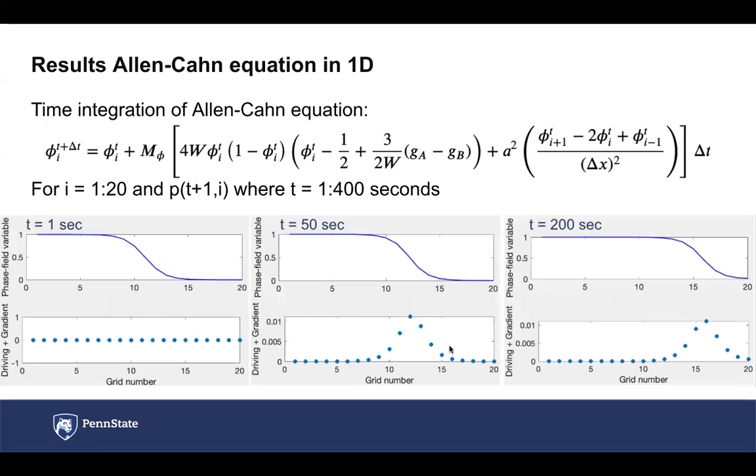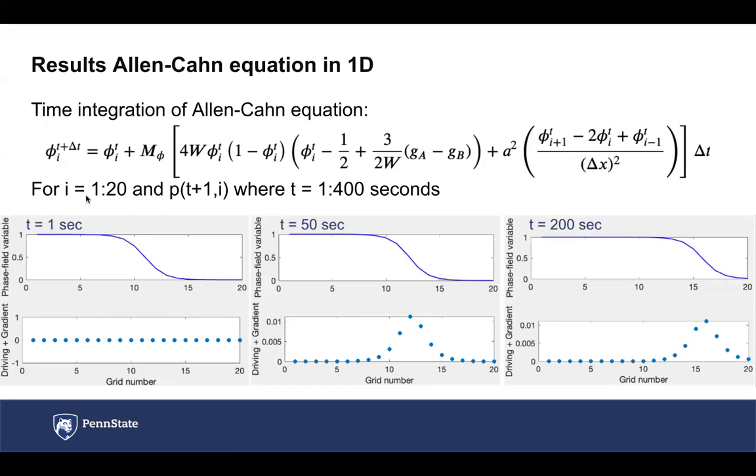And so the results from this, using our discretized Allen-Cahn equation, we have the driving force term G_A minus G_B, and then our gradient diffusion term given by the finite difference method here. And so for each variable in i, we want to use delta x as the grid spacing increment and delta t as our time step.